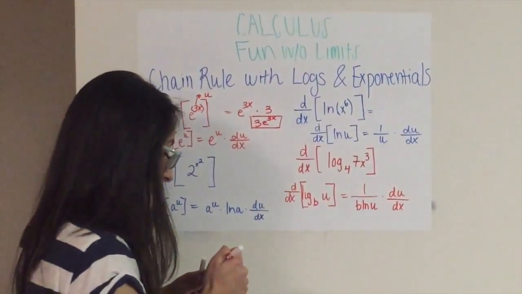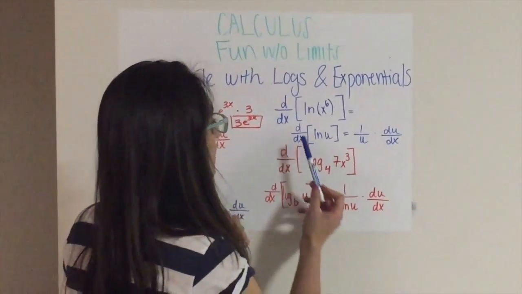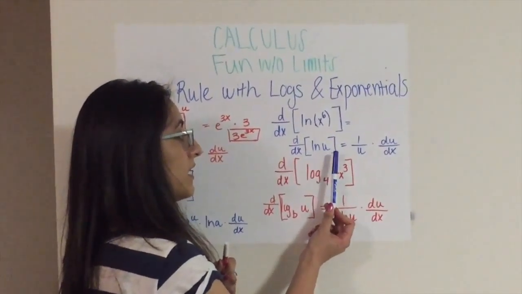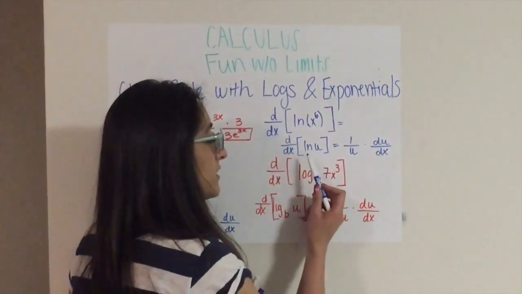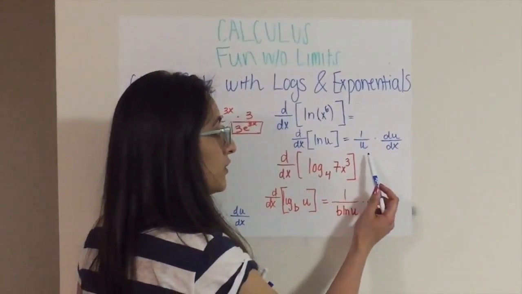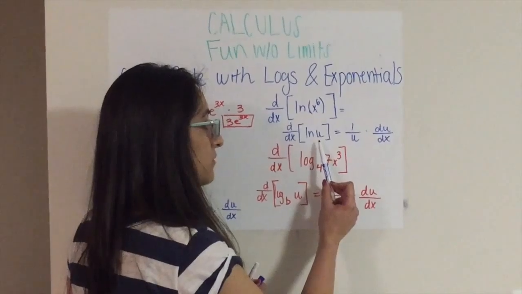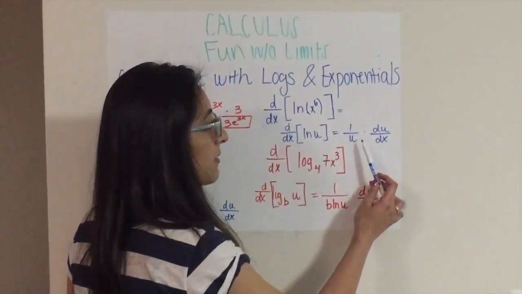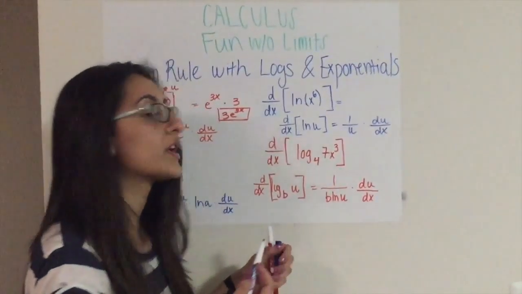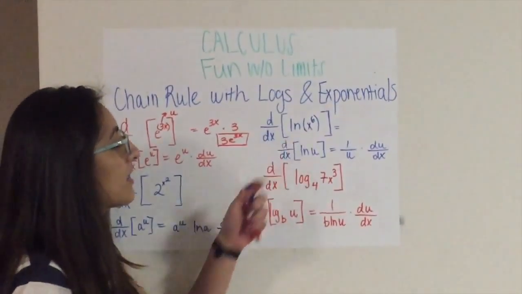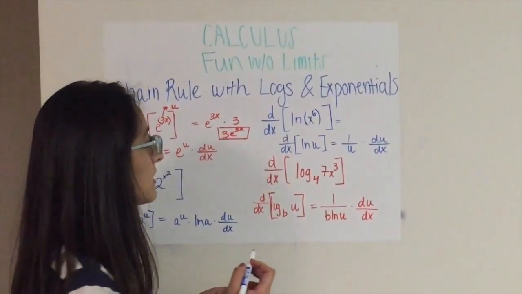Moving right along, we now have the derivative of ln u. We know that the derivative of ln u is 1 over u, but we have to take the chain rule of u. So it becomes 1 over u times du dx. Looking at this example right here, we have ln of x to the 6th.